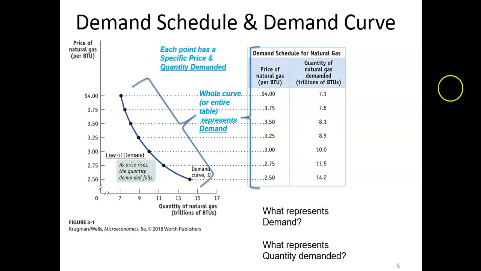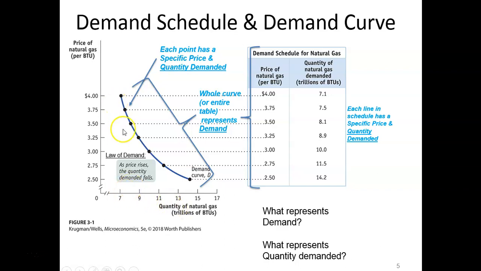Quantity demanded, however, each specific point on the curve, each line on the table, has a specific price quantity demanded combination, right? So for example, the point I'm pointing at, at 375 per BTU, the quantity demanded, and it's harder to see exactly what that number is on the graph than it is in the table, but it looks like it's somewhere between 7 and 8 trillion BTUs, right?